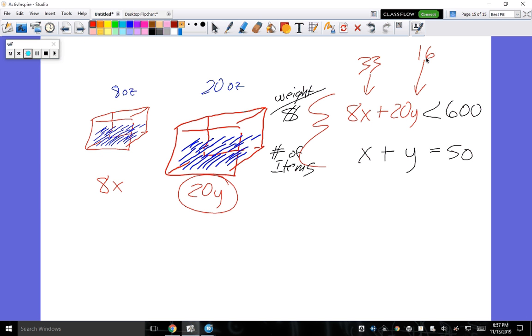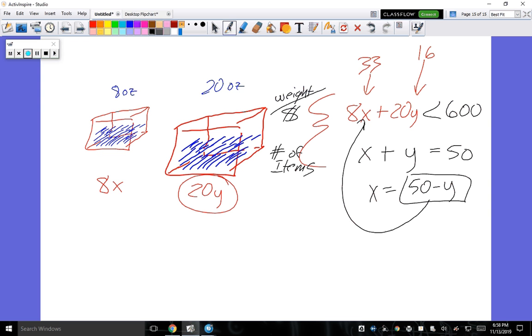Well, let me show you a different way, just so that you can see what math is happening, so that you know how to interpret the calculator, okay? We're looking for y, aren't we? We're looking for y. So over here, if I said x is equal to 50 minus y, substitution from the second equation, I can put this up here where x is at.